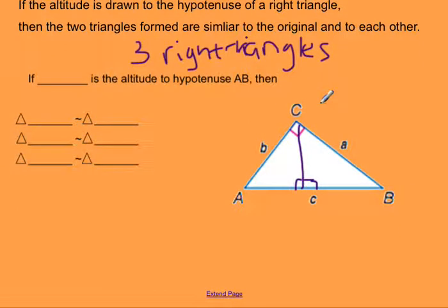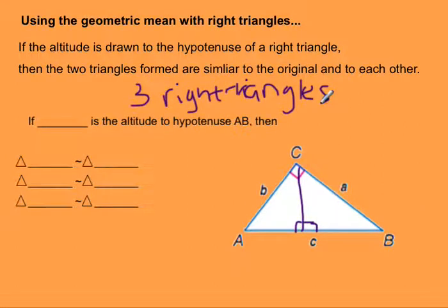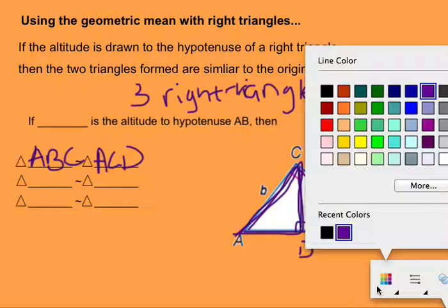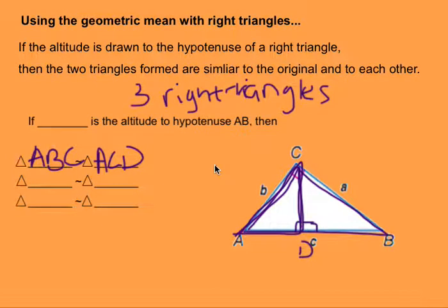Here's what we know. We know this big triangle, ABC, is going to be similar to this triangle right here. Let's name this point D, so it's triangle ACD. Then triangle ACB, or ABC, is going to be similar to this triangle right here, CBD.